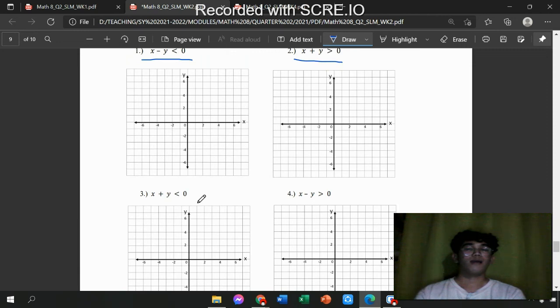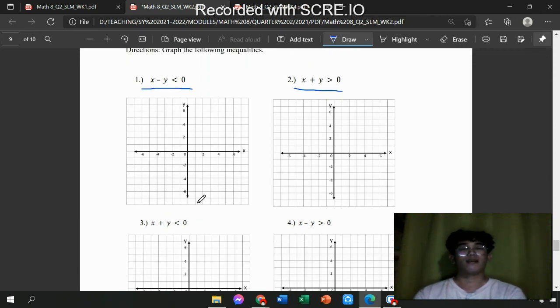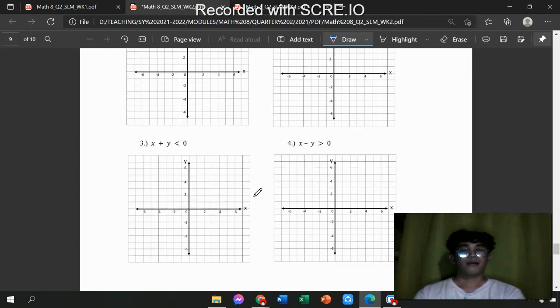Again, i-review ang steps unsaon pag-graph. Very easy ra ang steps, di ba? Change the inequality sign into equal sign, then let x equal to 0 and let y equal to 0, and then find the coordinates of the points and then connect the line. Very easy ra nga pag-graph.